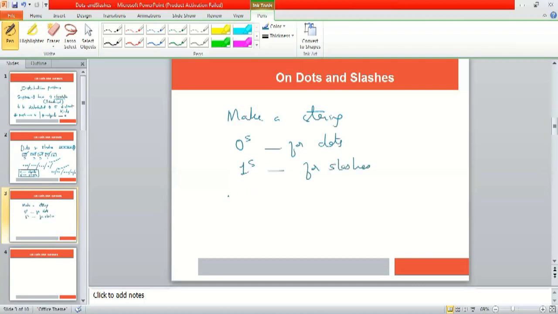So basically, I'm looking at all kinds of strings with n number of dots or zeros and r minus 1 number of ones. Remember, I said the slashes are 1 less than the total number of people.